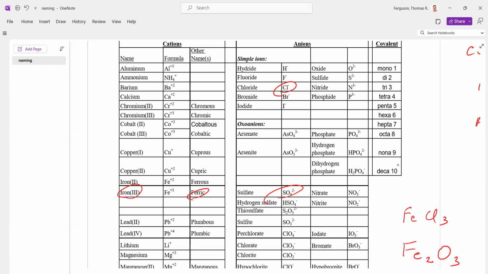I think that's all you need to do in your dry lab today. I'm trying to think of anything else you can run into. So the process is, is it ionic or covalent? If it's ionic, you use the ionic standard for writing.